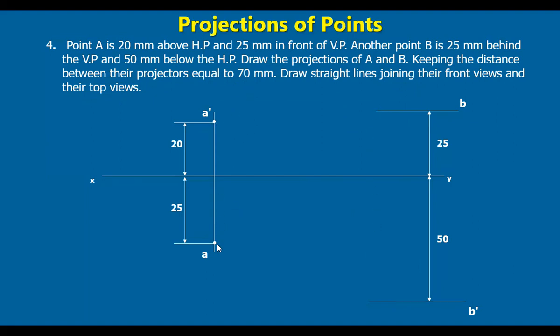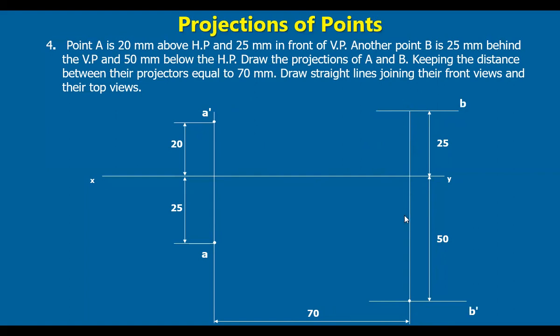So at a distance of 70 mm from this line, we identify a point here, and passing through this point we draw a projector, till it intersects this line as well as this line. This is the projector, so the top view and front view of point B must be lying on it. The intersection of these gives the point B, right?